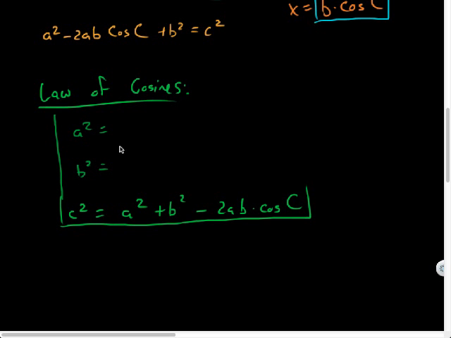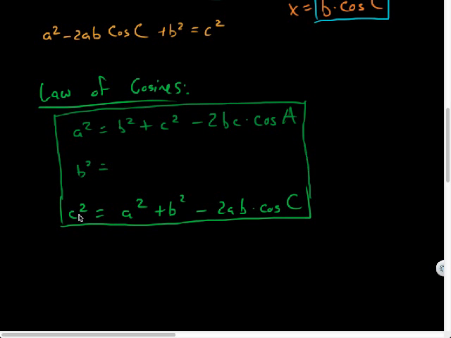All right. And for the A squared one, let's see if you can figure out this little pattern going on. A squared is going to equal B squared plus C squared minus 2 times BC times the cosine of what angle do you think this is going to be? A, angle A, exactly.